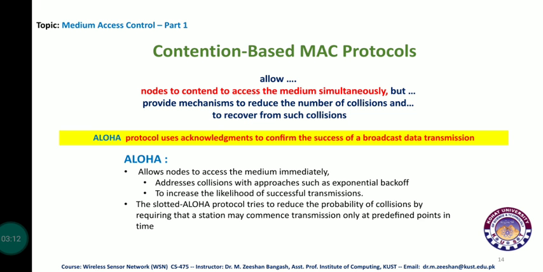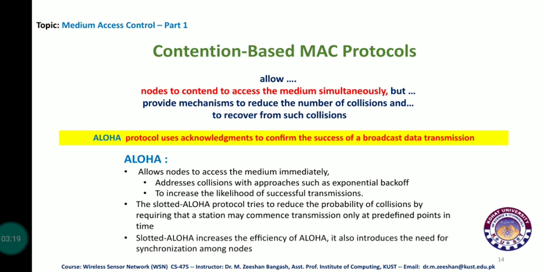So the transmission is restricted to particular predefined points in time, and in this way the collision can be avoided. This flavor of the Aloha protocol increases the efficiency of Aloha because the synchronization among nodes is better addressed.